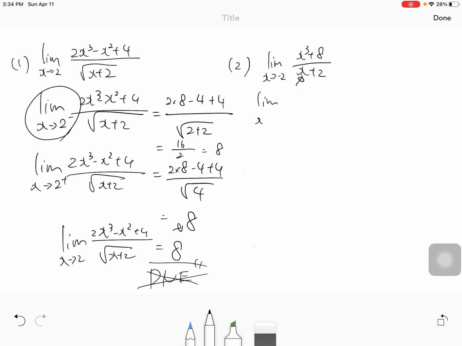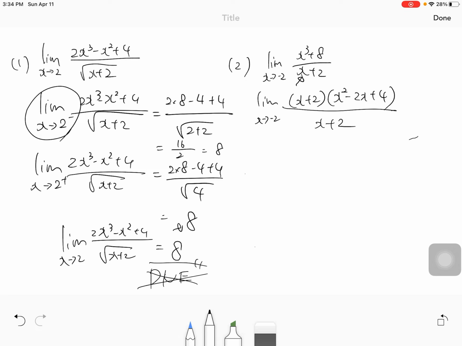That's because you can factor the numerator. Then it's going to be x plus 2 times x squared minus 2x plus 4, over x plus 2.